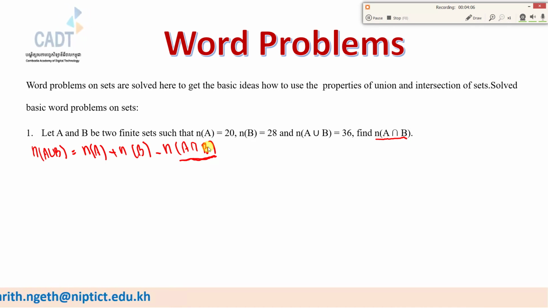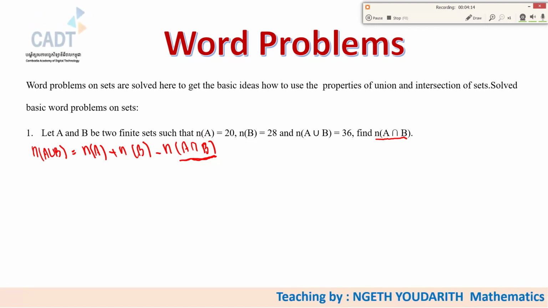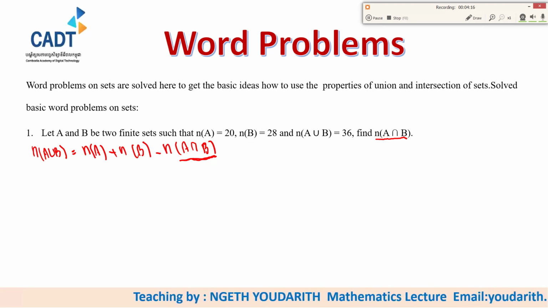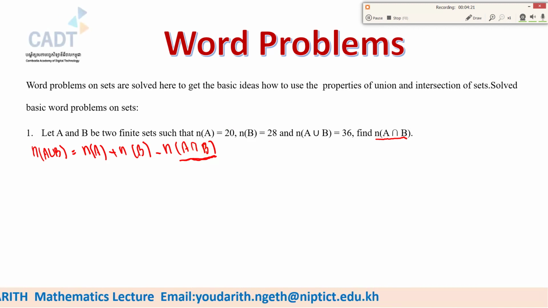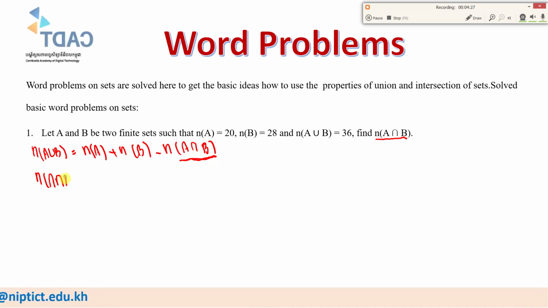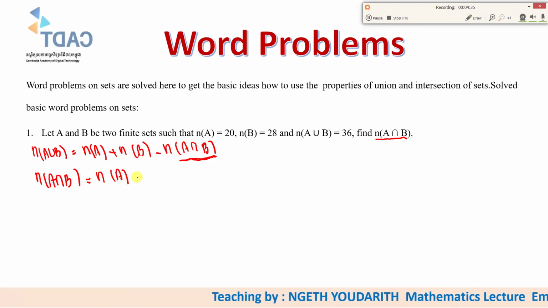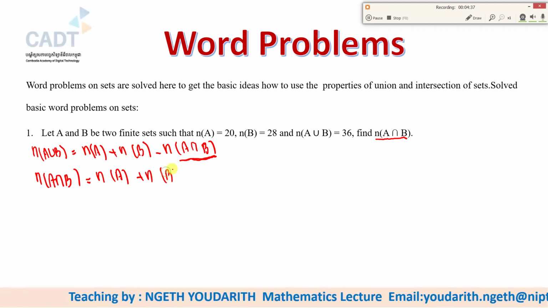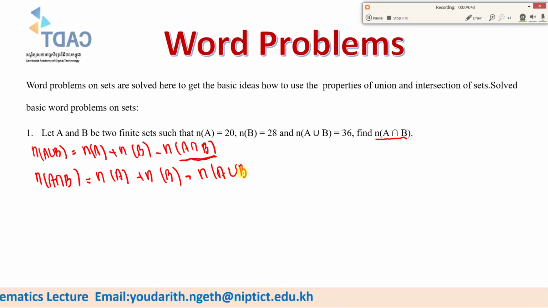So we write our property first, and then find the quantity which is not given in the hypothesis of the exercise. So n(A intersection B) is equal to n(A) plus n(B) minus n(A union B).